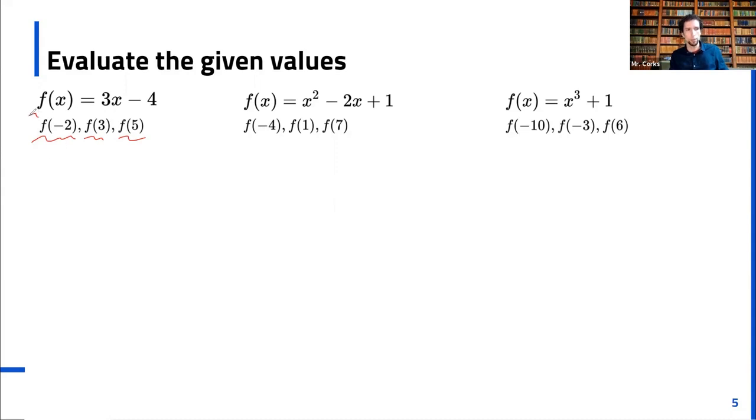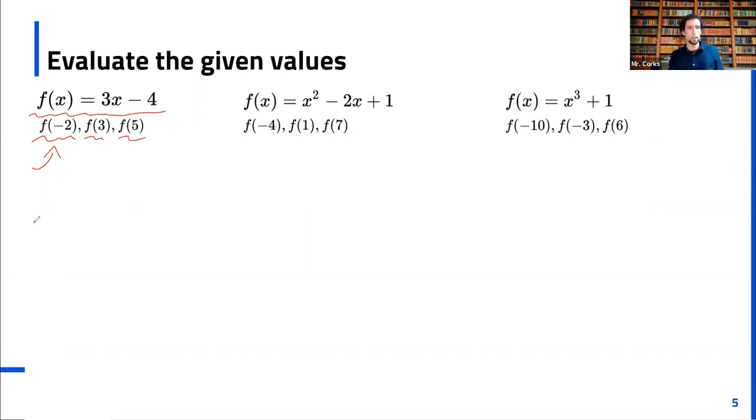For the one on the left, f of x equals 3x minus 4, and I want to find out what is f of negative 2. How can I find that? We should put negative 2 instead of x.